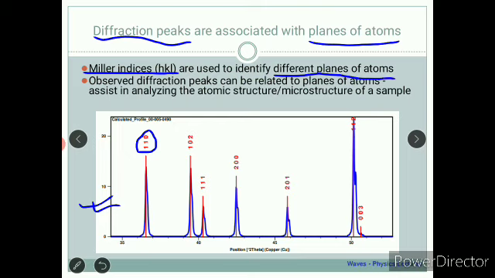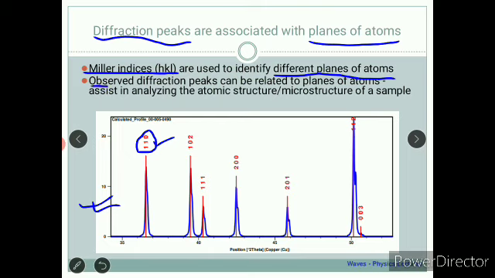So if I have a Miller indices of 110, it means that this includes all the atoms that are included in that particular plane. If we have more and more atoms in that particular plane, the diffraction peak is going to be observed very clearly.